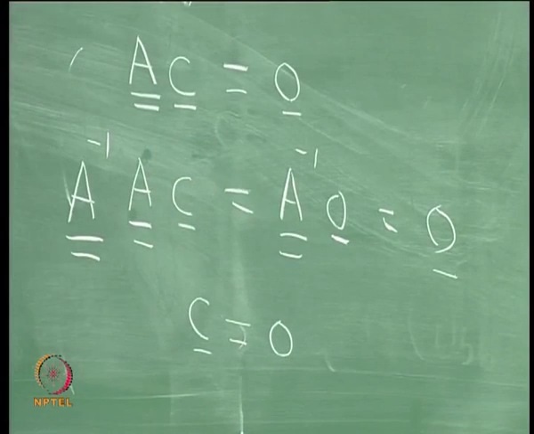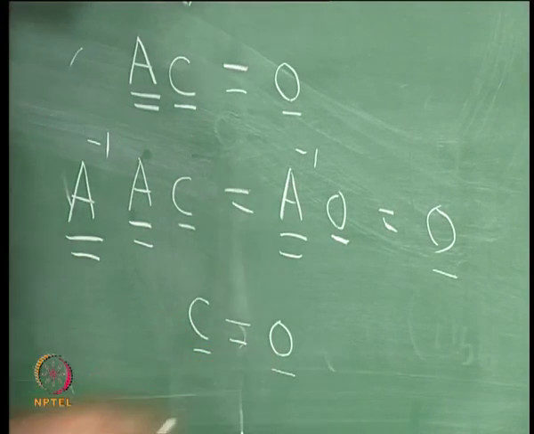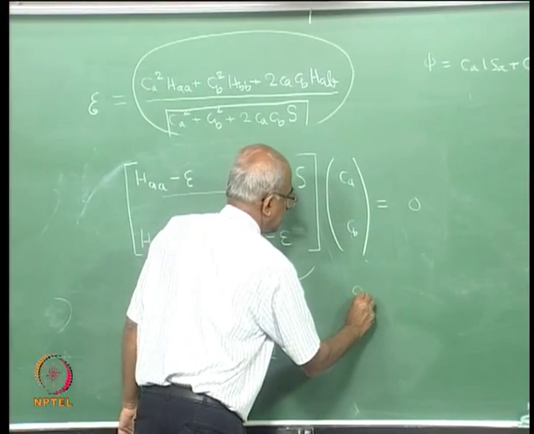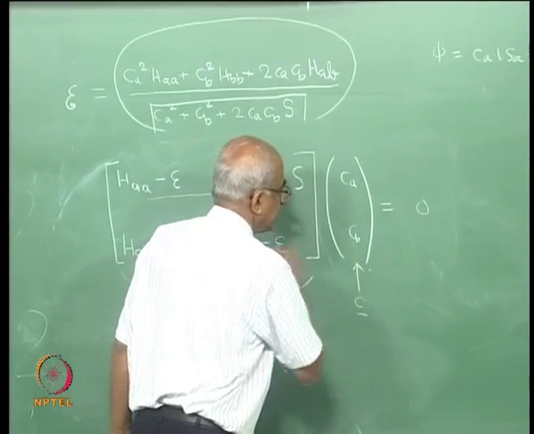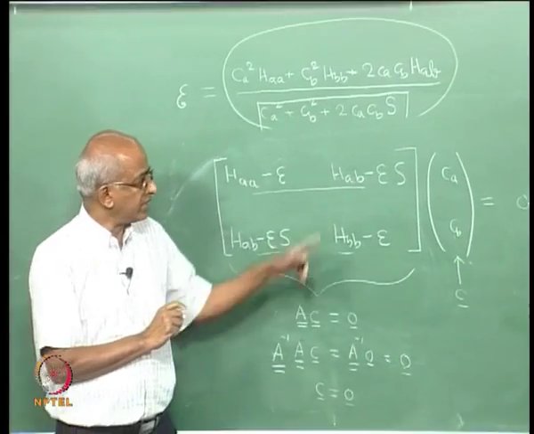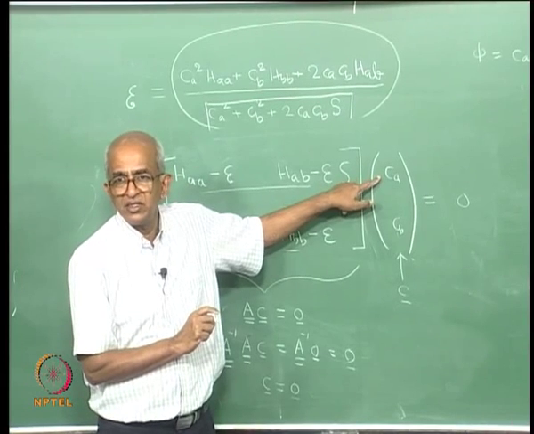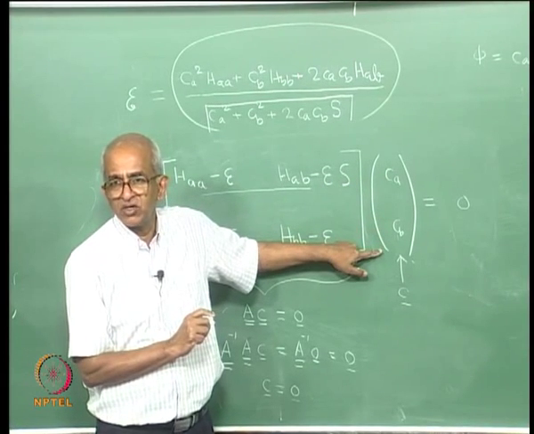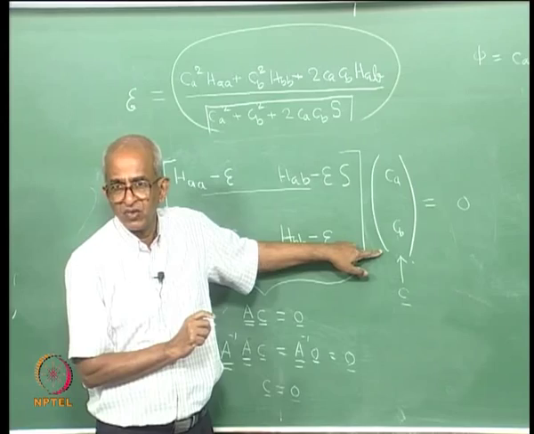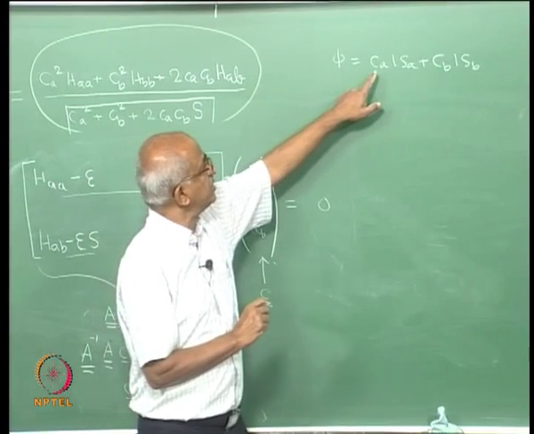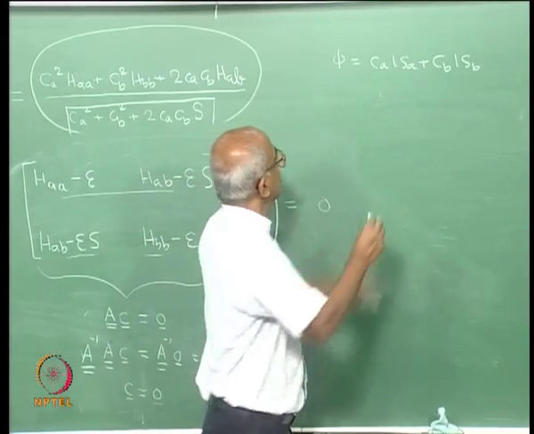Now, if C is equal to 0, what is C? C is actually this column matrix. If you say that that is equal to 0, that implies C A is equal to 0 and C B also is equal to 0, right. And therefore, what happens to your trial function? C A is equal to 0, C B is equal to 0.